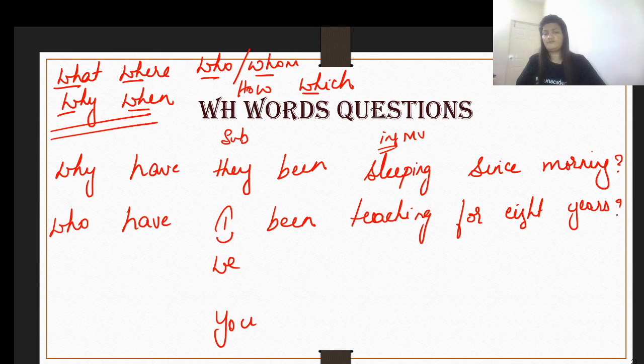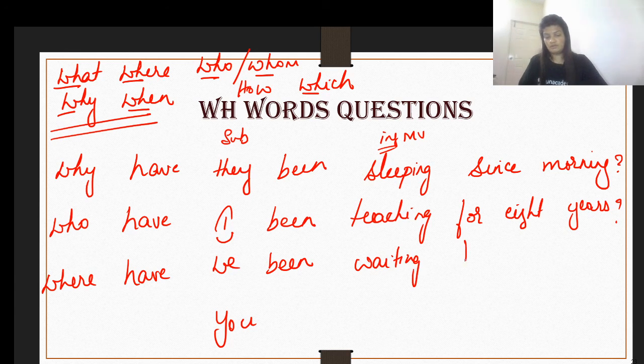Asking yourself, who have I been teaching for 8 years? Then you have the subject we, therefore do not forget to put this have. And what type of question word can we bring in over here? Where have we been waiting for an hour? Where have we been waiting for an hour? The place you are referring to.